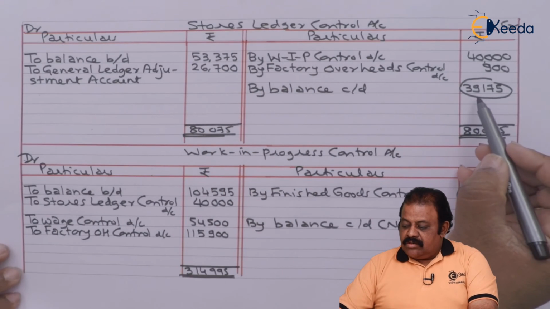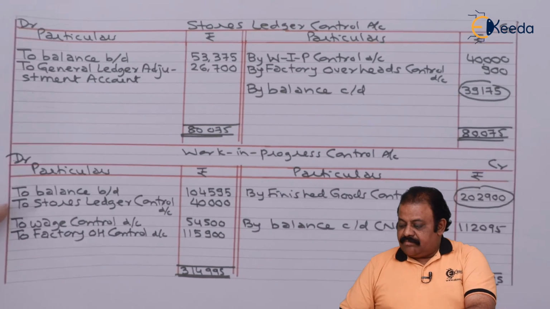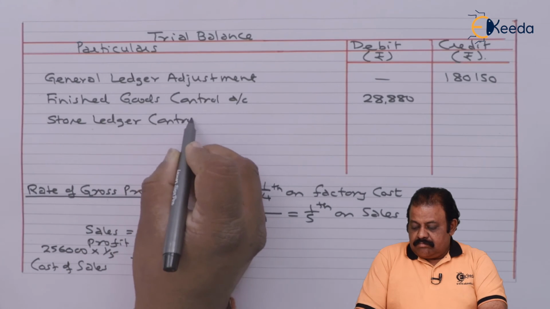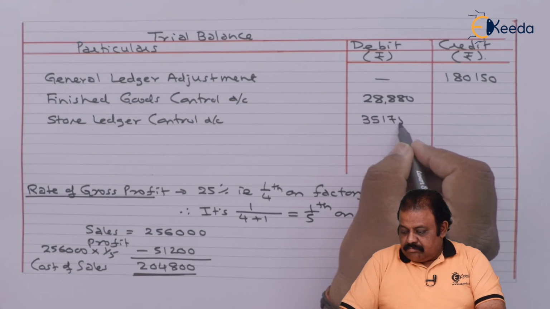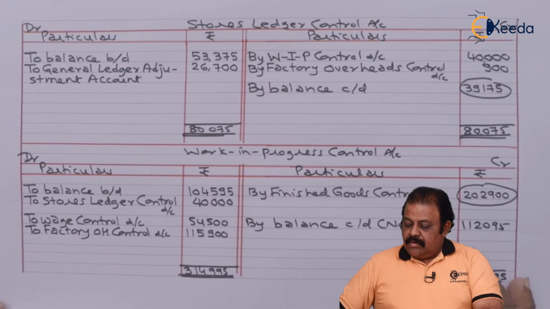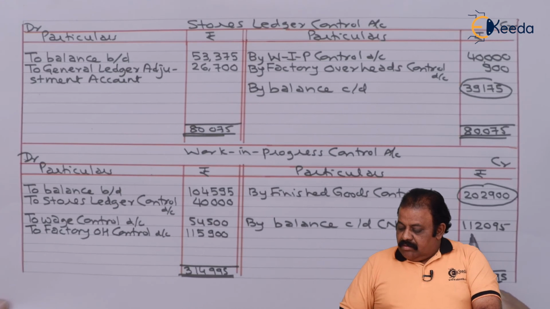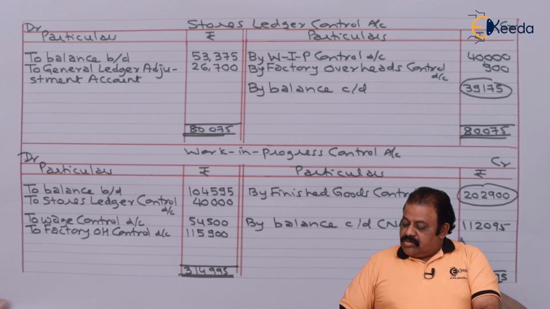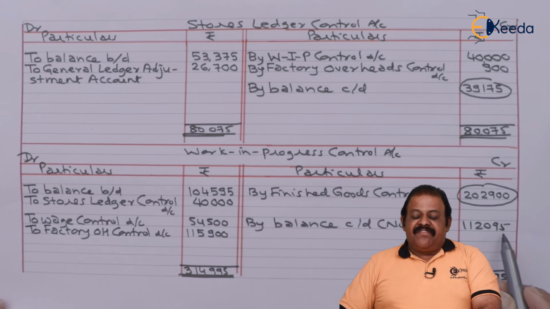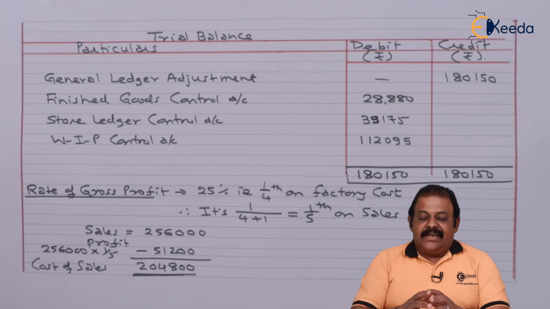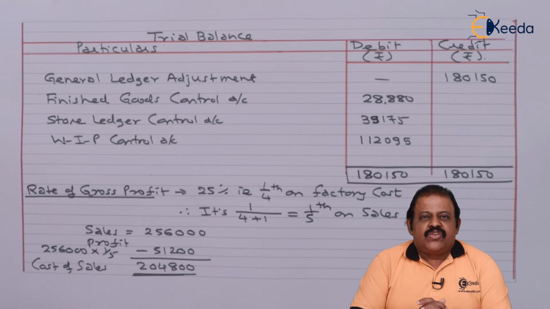Store ledger control account 39,175. Work in progress control account closing balance 1,12,095. Trial balance total is 1,80,150. Debits and credits are matching. It shows that we have done all our ledger postings correctly and balanced all accounts correctly.